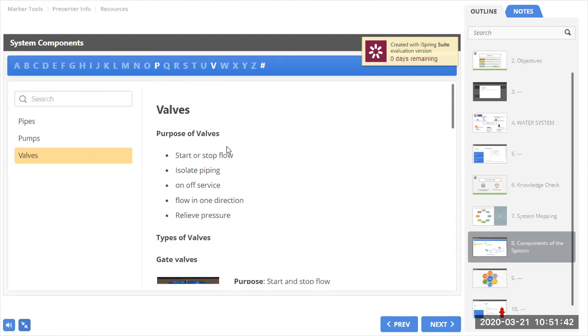So the purposes of valves: there are about five different things that we use valves for. Start and stop flow, isolate piping, which I just mentioned, and on-off service, which is related to that but can also be done, for instance, at meters. We have these valves that we could just close off service if persons have not paid, and we can lock it as well.